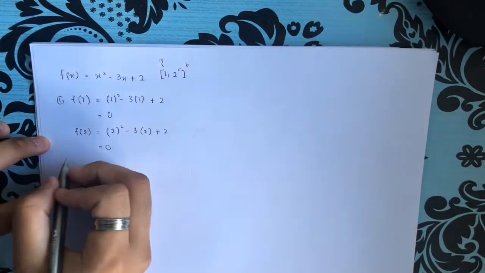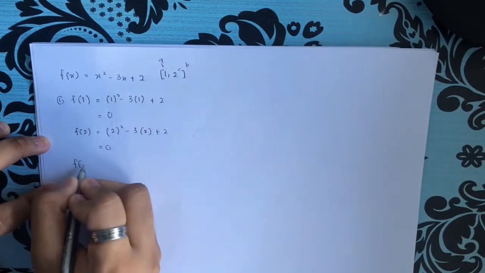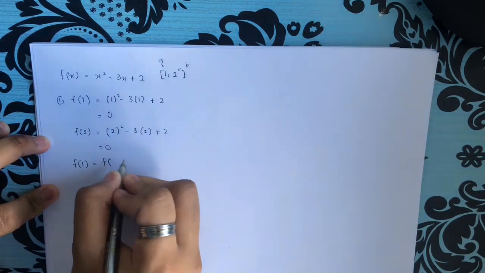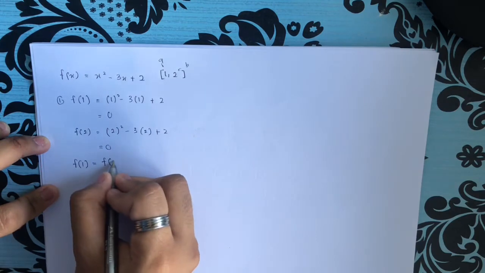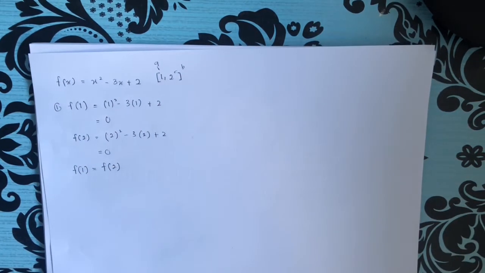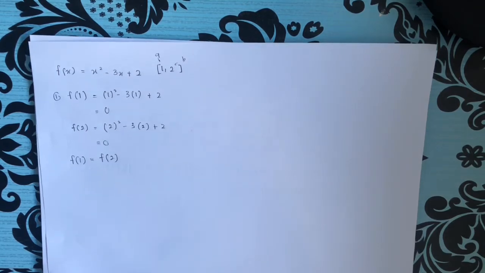Right, so now we see that f(a) is equal to f(b). So it means that Rolle's theorem can be applied, but then we need to check what is the number c, or what is actually the critical point for the function.